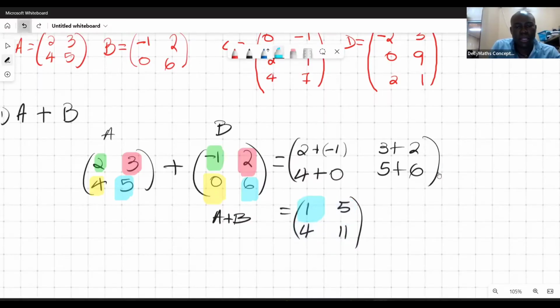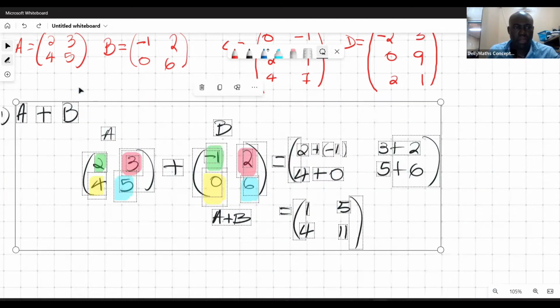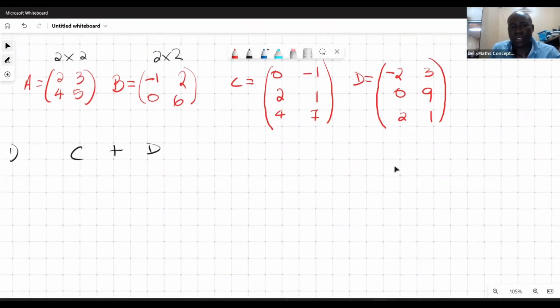All right, let's look at what if we wanted to add C plus D. So what we want to do quickly is to have the matrix C. So C is 0, -1, 2, 1, 4, 7.